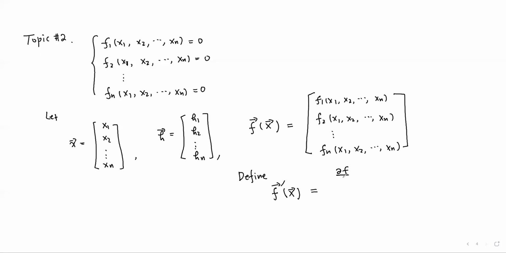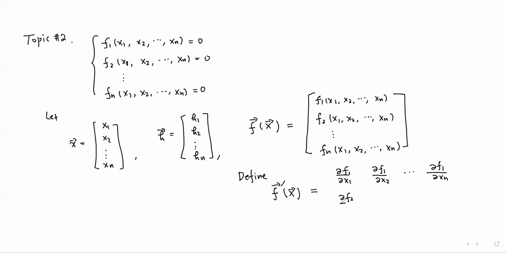Partial F1, the first row: partial F1 with respect to x1, partial F1 with respect to x2, and so on, partial F1 with respect to xn.